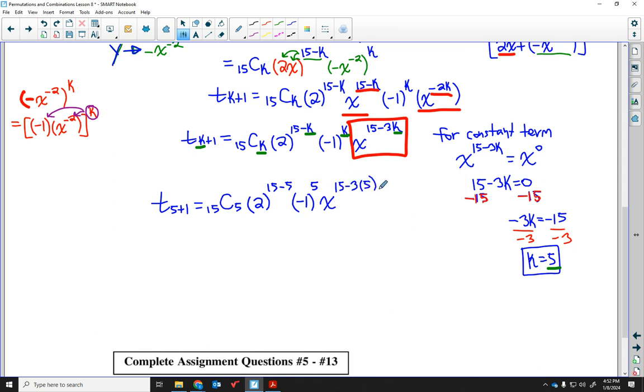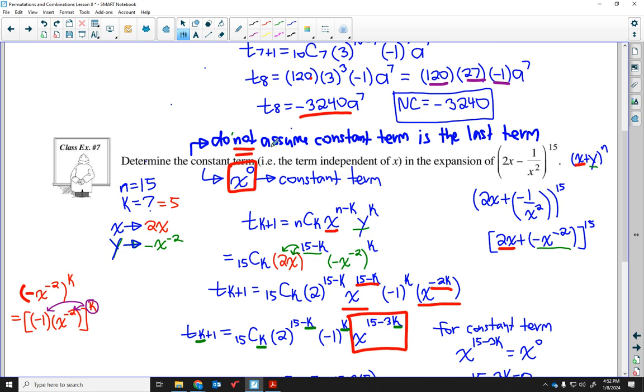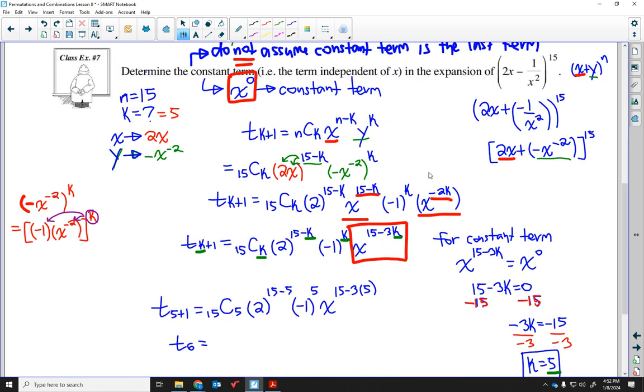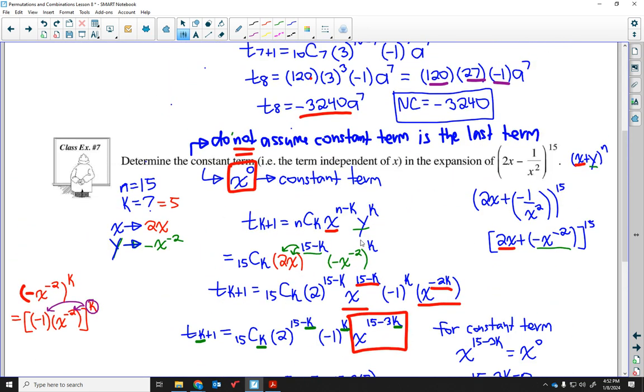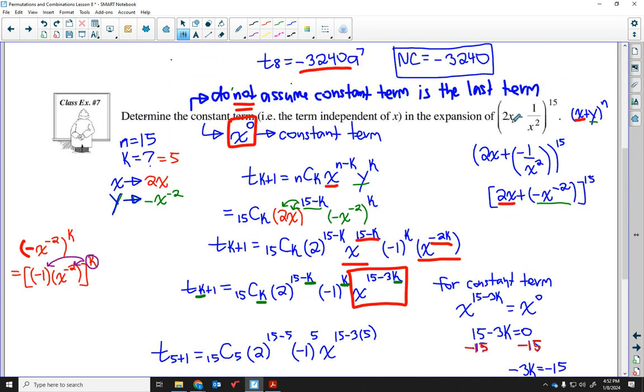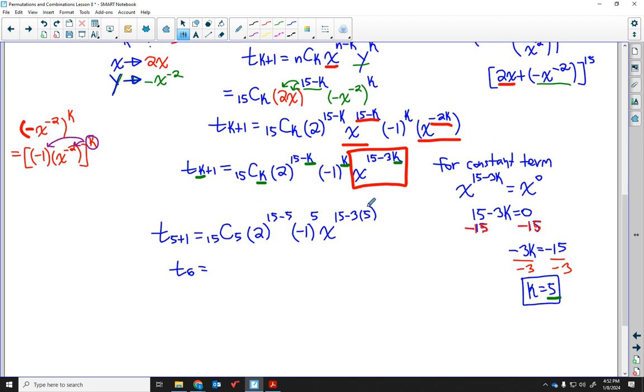So notice right here, 15 minus 3 times 5 is going to be 0. x to the power of 0 is going to get rid of that variable. Now, note right here, this is term 6. So just re-emphasizing this point up here, I said, do not assume the constant term is always the last term. So the constant term in this expansion is actually not the last term. It's term 6, okay? It is not term 16.